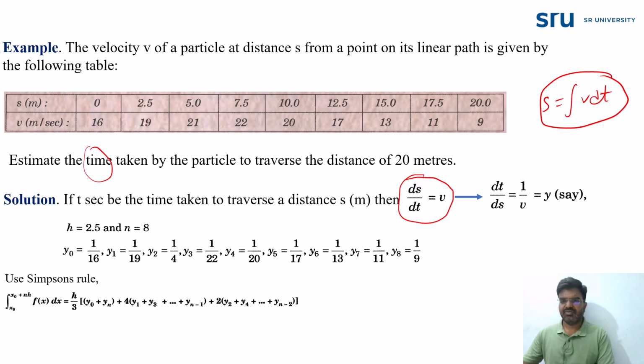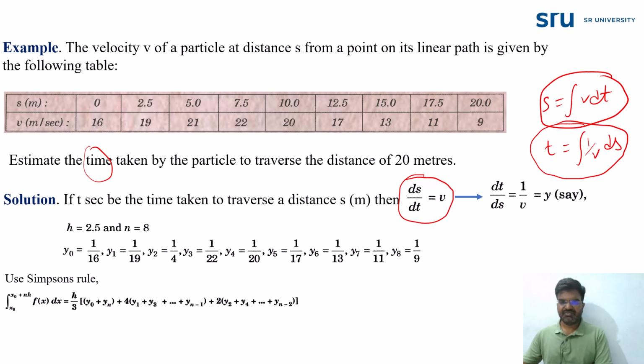To find the time, you have to take the reciprocal on both sides. Look at this. Now you can integrate on both sides, and you will get t equal to the integral of 1 by v ds. With the help of this integration, you can estimate the time. Again, you can use the Simpson one-third rule.